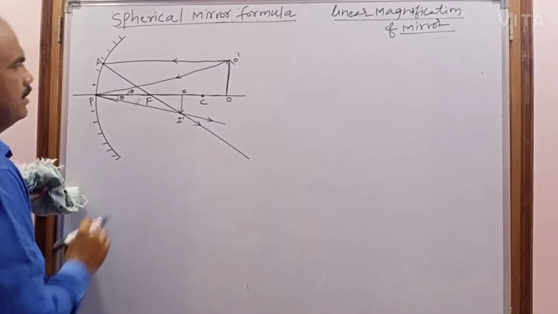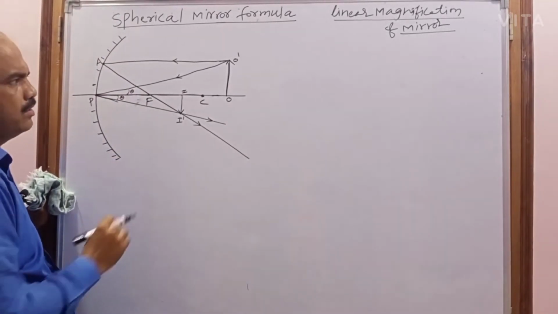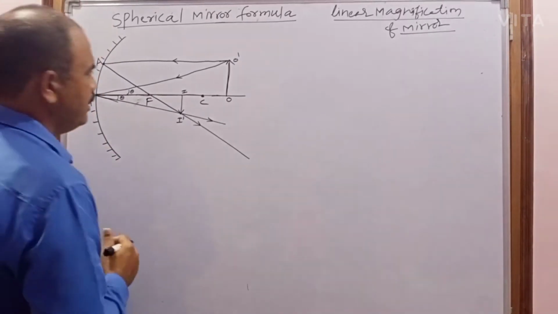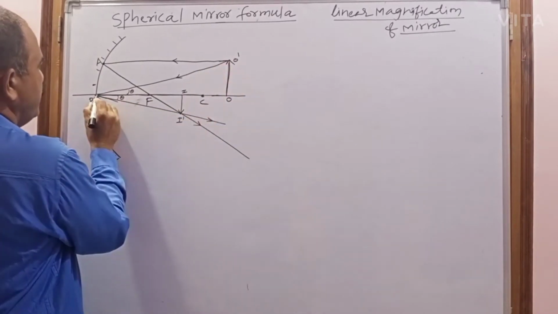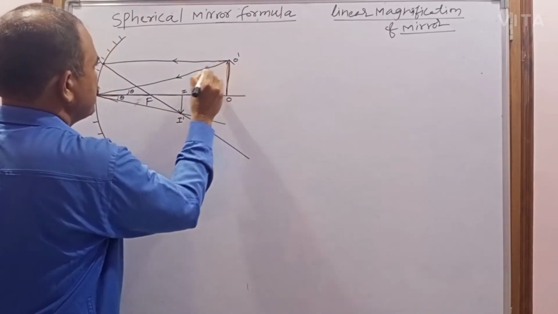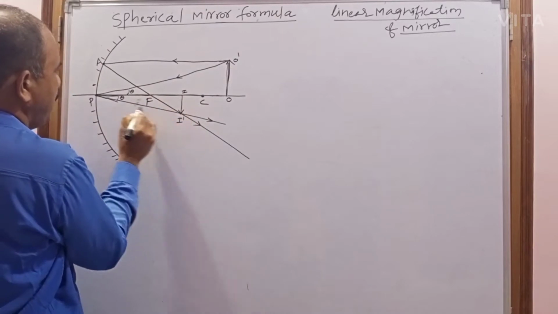After that, when we observe, there are two similar triangles. What are they? One is PO dash, and the next one is PI dash.